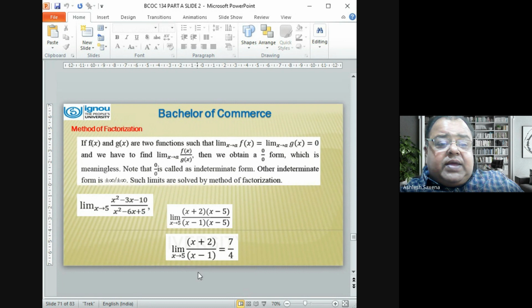In such a case, this 0 by 0 form is called an intermediate form. Other intermediate forms are plus minus infinity upon plus minus infinity. In such conditions, we have to apply the method of factorization.